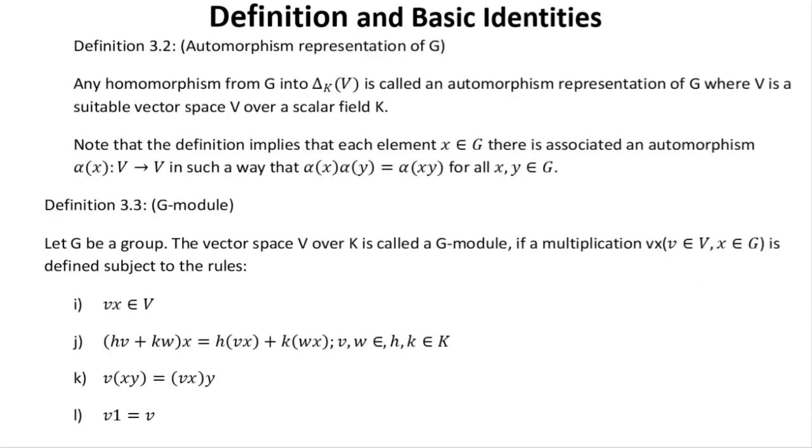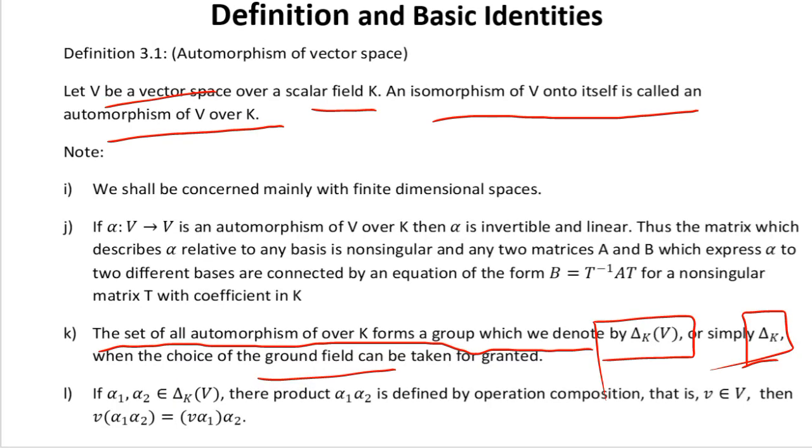Okay. The next thing you need to know is what we call automorphism representations of a group G. So any homomorphism, I'm sure you know what homomorphism is, from G into the set, remember what it is, it's also a group. So the set of automorphisms over K forms a group, and we denote it this way, recall.